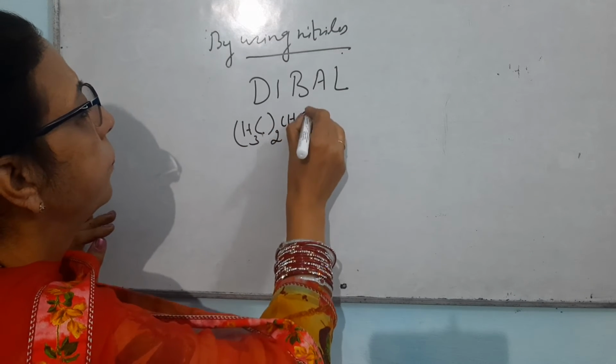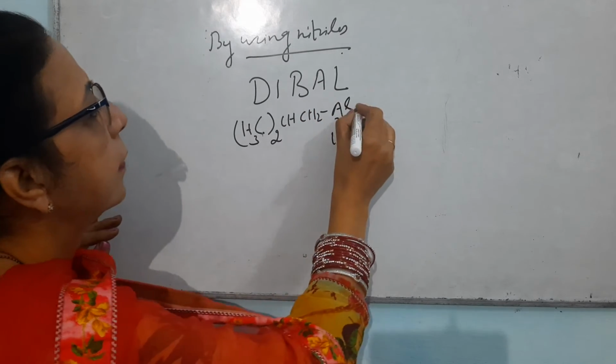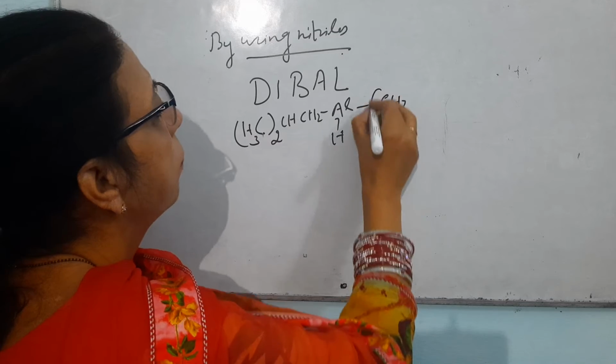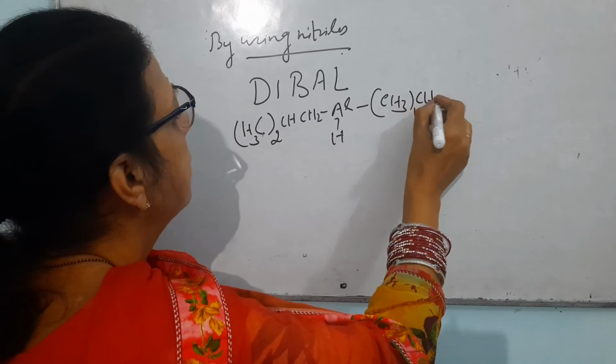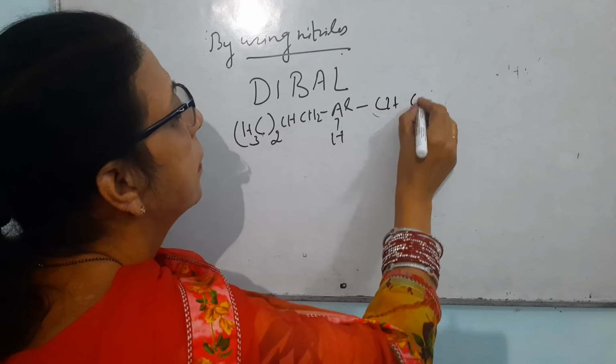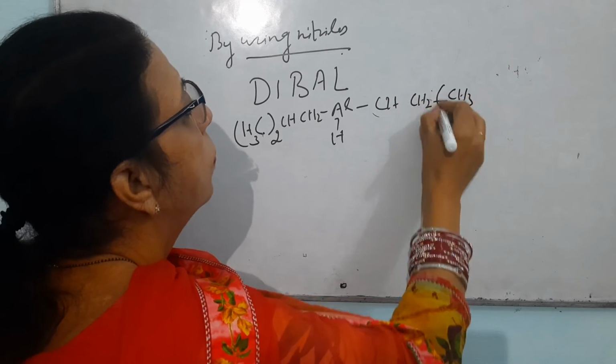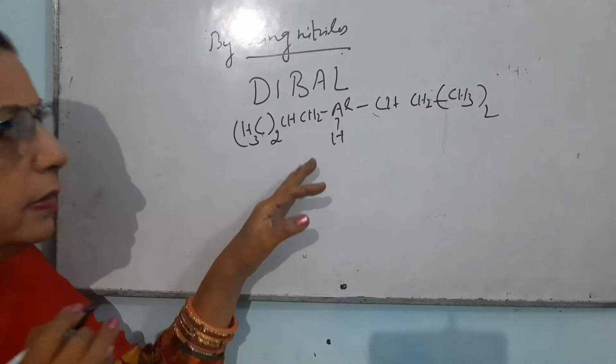Isobutyl aluminium hydride, (CH3)2CH CH2, whole twice. So it is its formula.